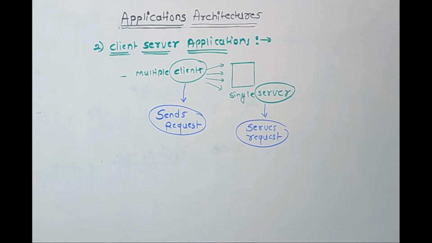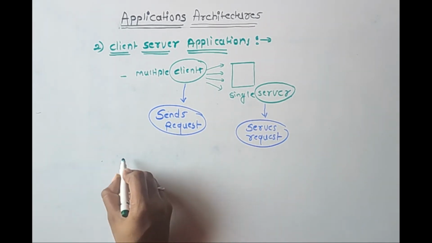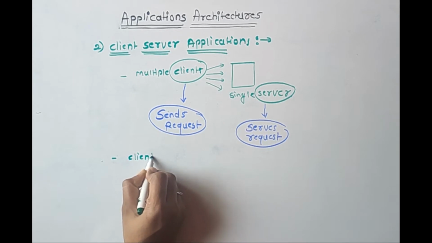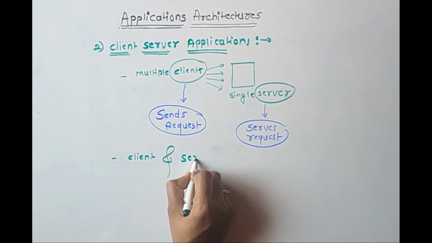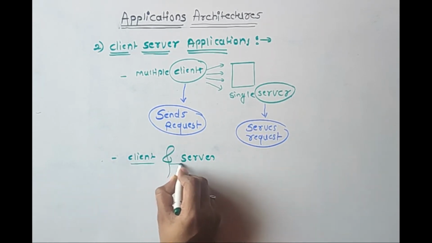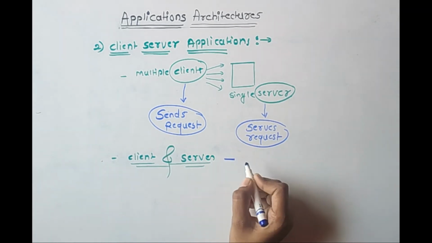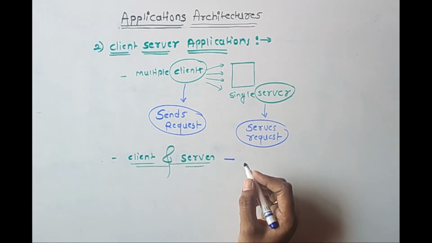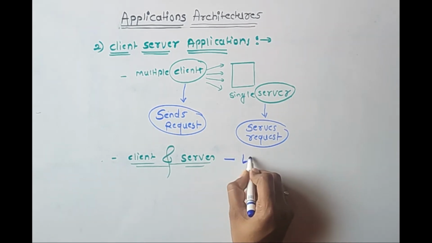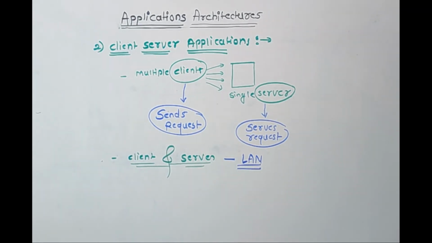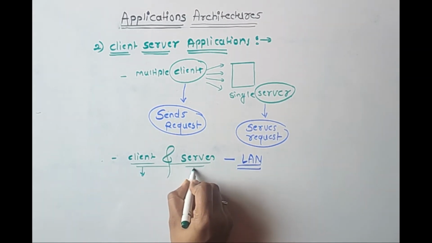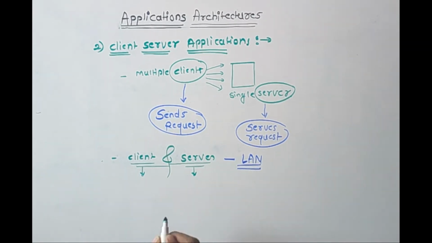Communication between client and server is managed through a proprietary network protocol, which is usually implemented on a local area network. In this case there are two tiers. First one is client and second one is server.